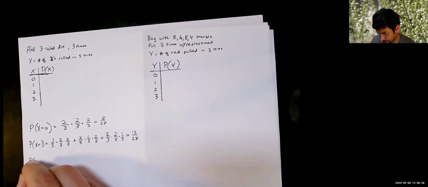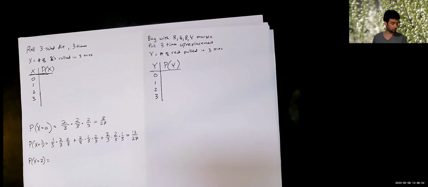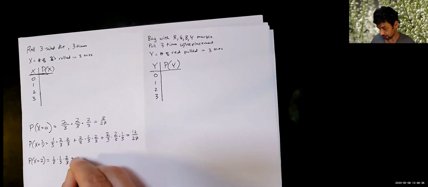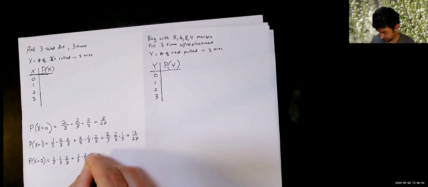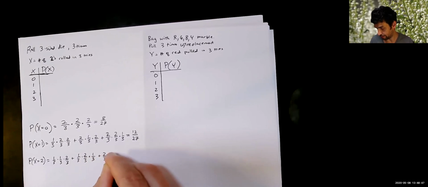And then the probability that x equals 2, meaning I roll the number 2 twice. Well, that could be I roll it the first 2 times, but not the third. The first time, not the second, then the third time. Or not the first time, but the last 2 times.